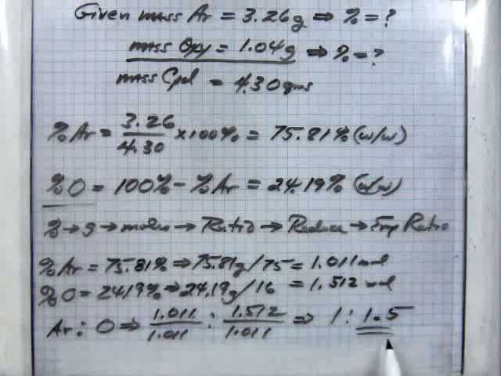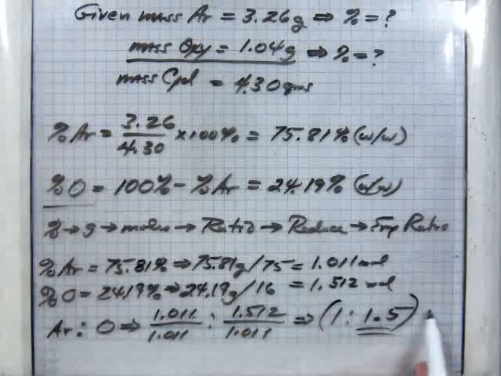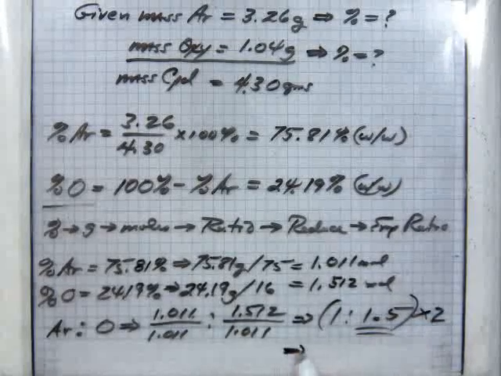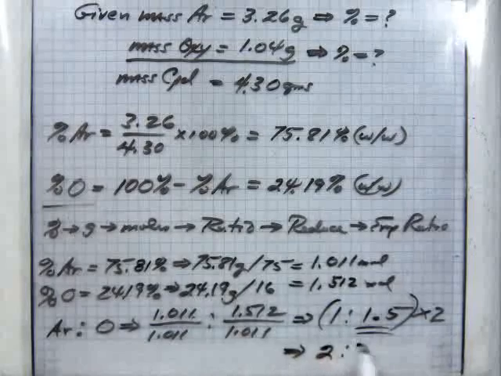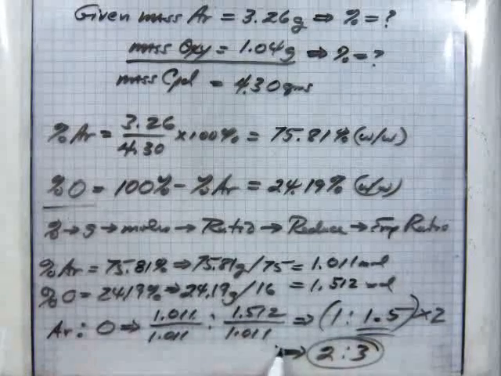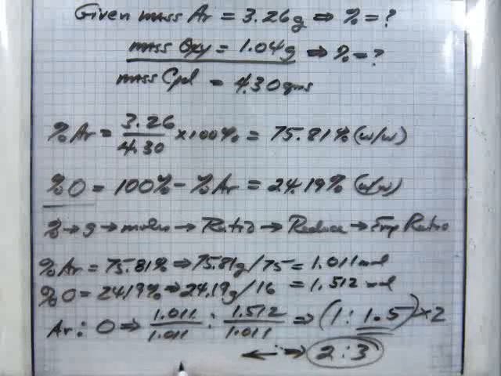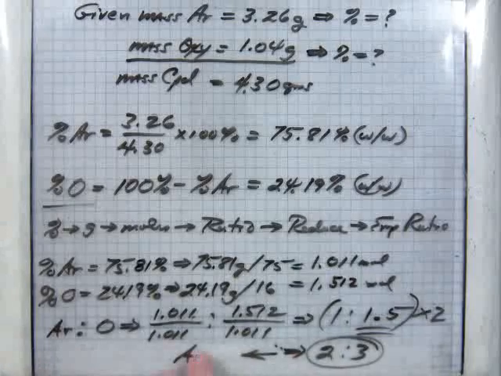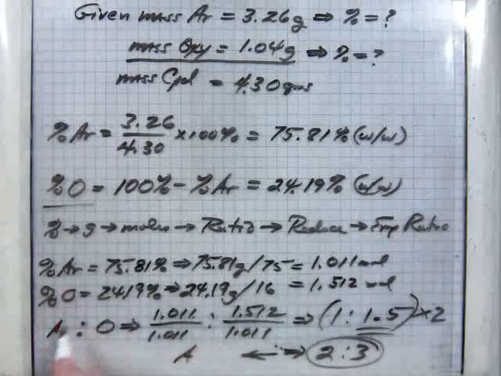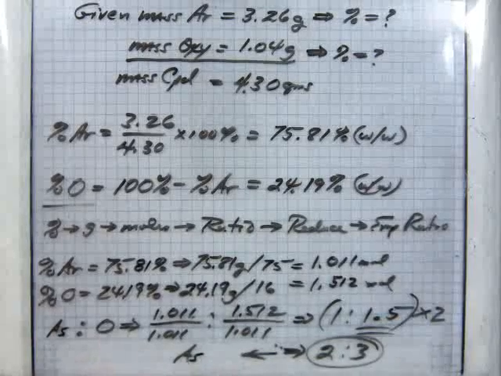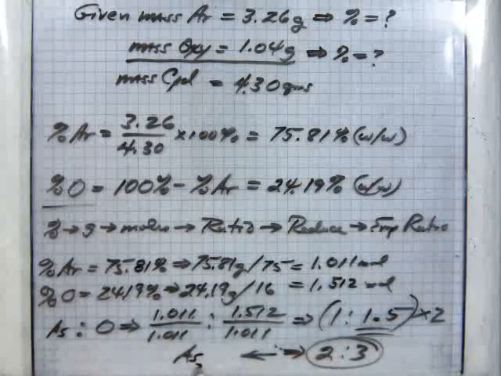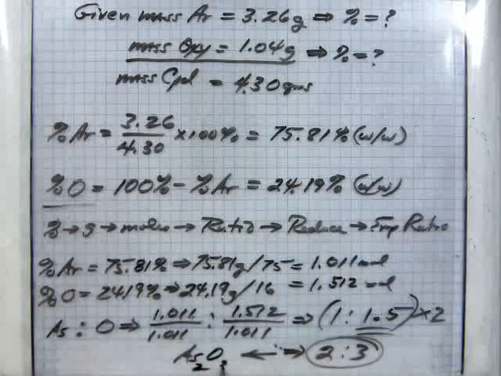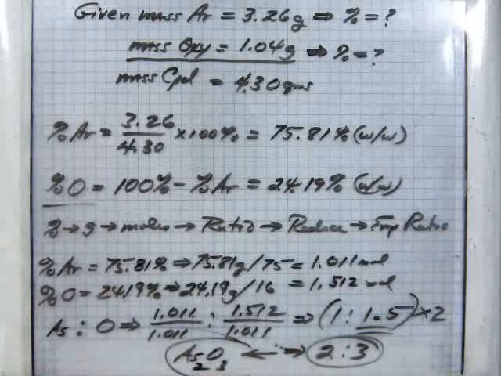This says you have the right to multiply by 2. So times 2, and your empirical ratio is 2 to 3, and that's your empirical formula. Arsenic, As, I'm sorry guys, that's argon. Arsenic is that. So it's arsenic oxide, and there's your empirical formula, like that.